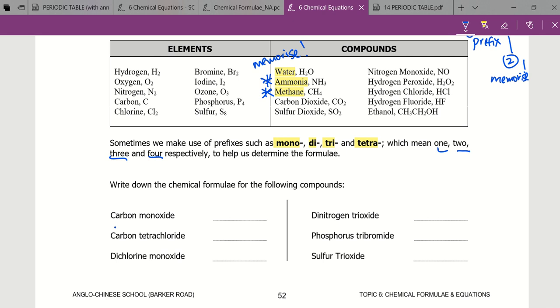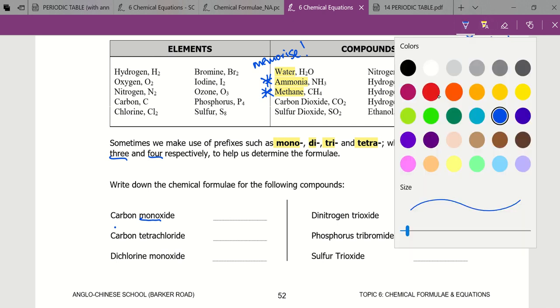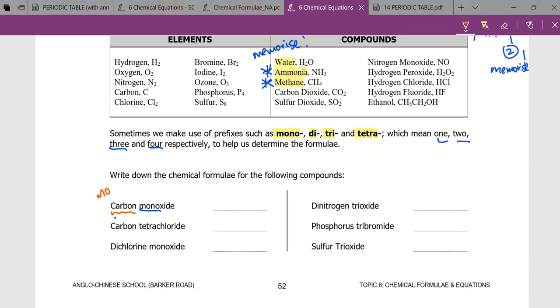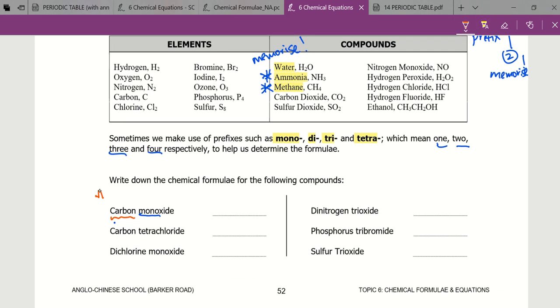So let's try the very first one. We have carbon monoxide. You will notice that the word carbon doesn't have a prefix in front of it, right?